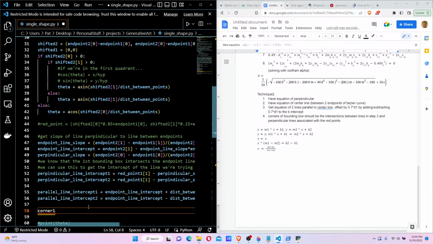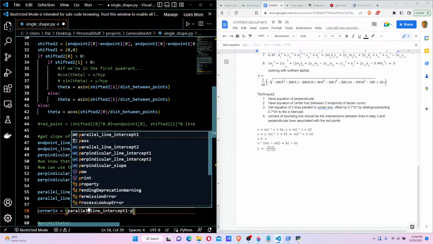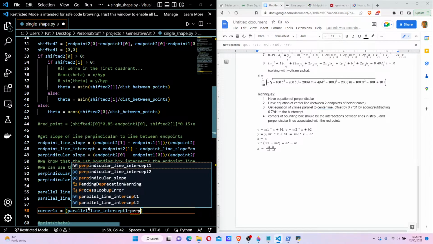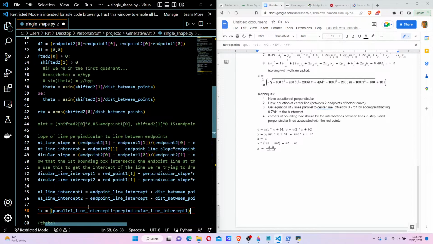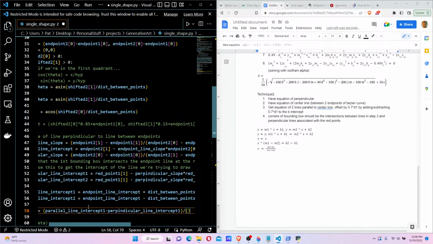So corner 1 x is equal to parallel line intercept 1 minus perpendicular line intercept 1, divided by m1 minus m2. So that means the parallel slope.